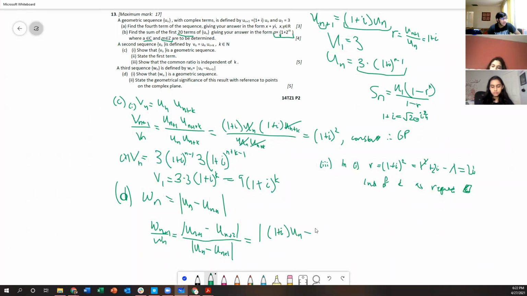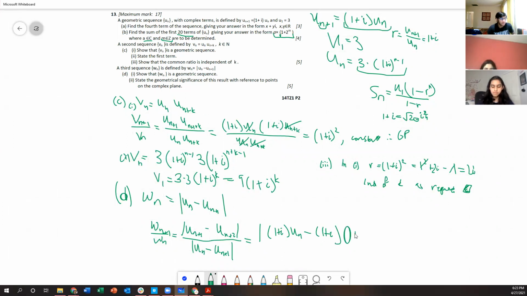And then here I'm going to get 1 plus i times Un plus 1. But then we already know what Un plus 1 is, and so it's really a recursive formula that we're applying here. So I can just plug Un plus 1 again back in.